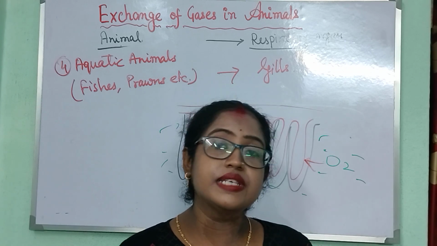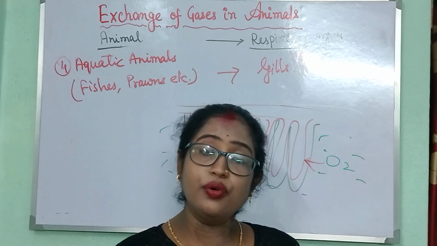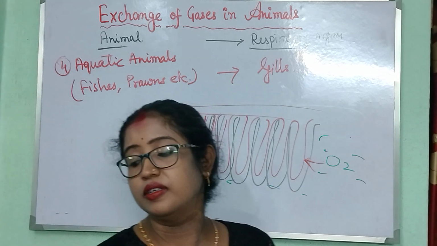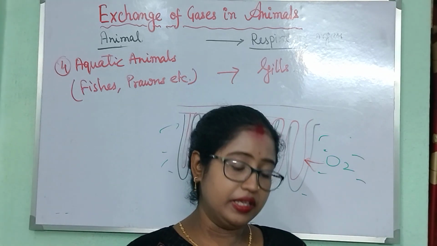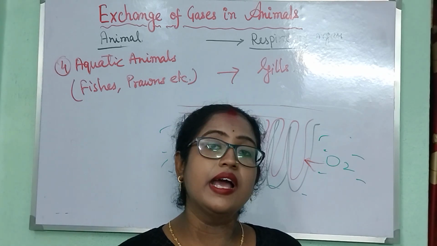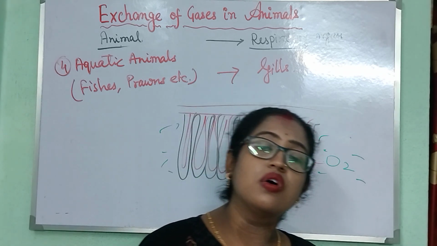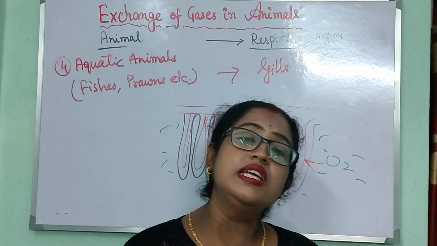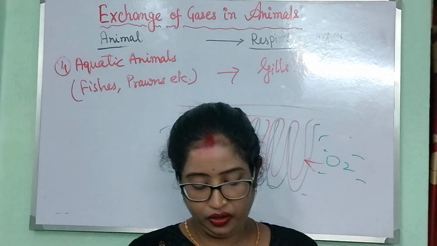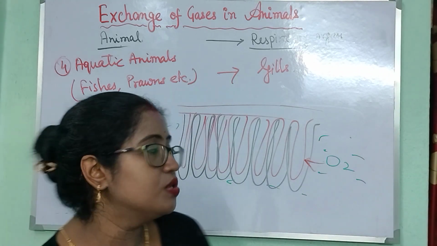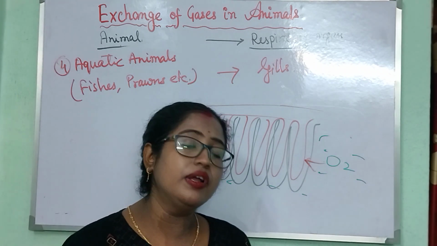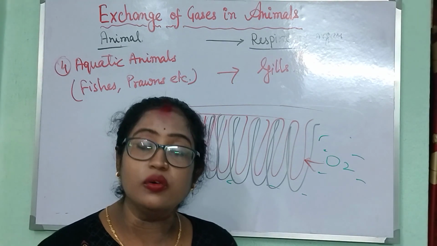Once the oxygen is taken up, the hemoglobin present in the red blood cells combines with the oxygen and circulates it in the whole body, to each and every cell of the fish's body or prawn's body, and via the same process the carbon dioxide is eliminated out.